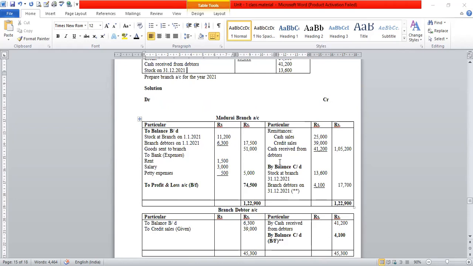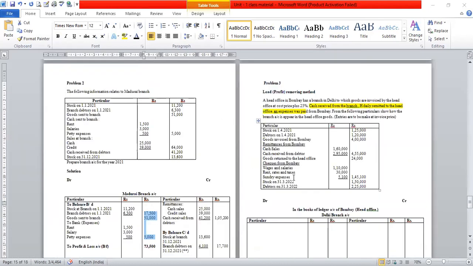If you have any doubts, you can raise them. 73,000. Okay, is this right? I'll check it again. 73,500. This result is wrong. So if we add these three, we will get 73,500. So this total balance is 1,22,900.